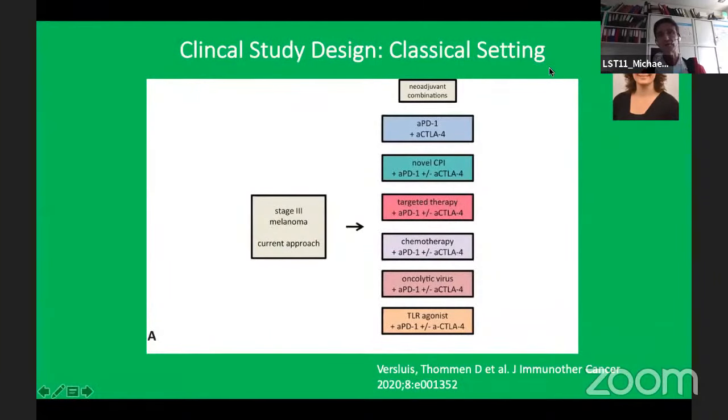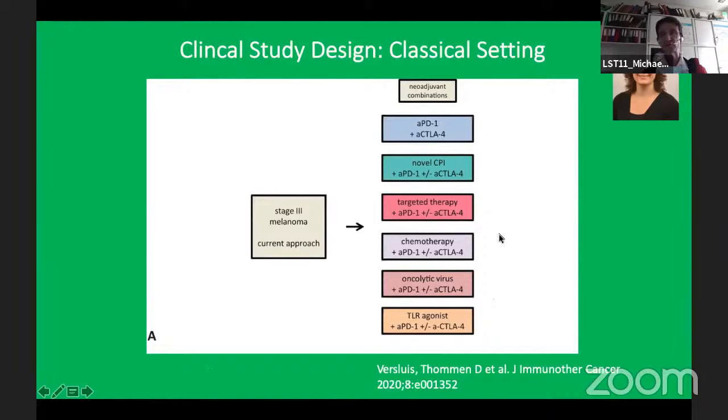She also thought of an ideal clinical setting, bringing together both worlds, the PhD world and the MD world. So she thought about what the best study design is. The classical study design is that you have any cancer and you try different therapies, as depicted here.